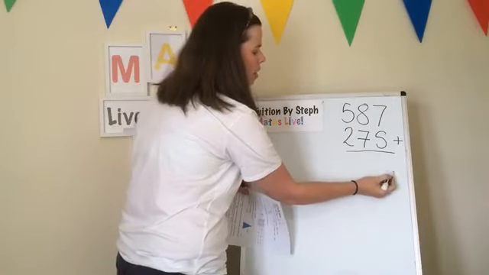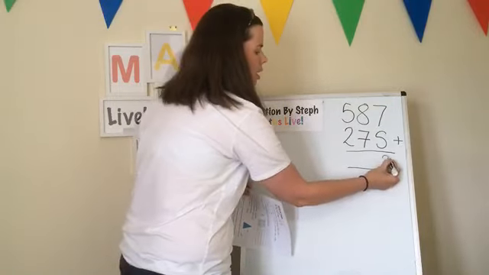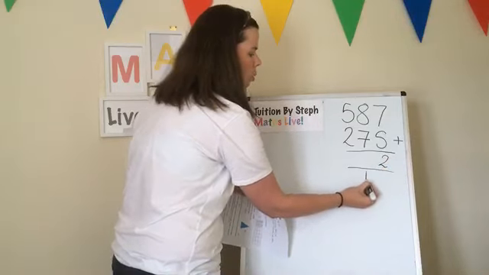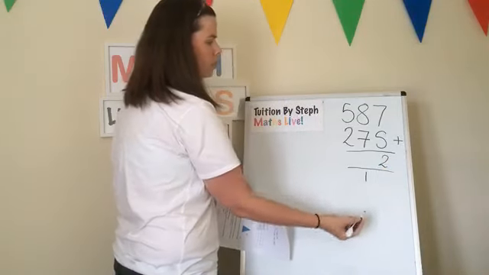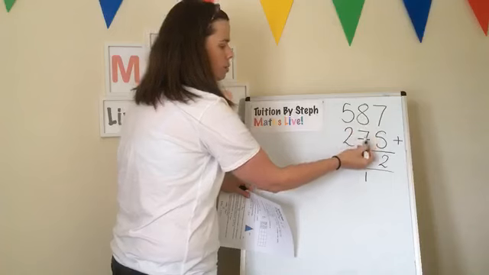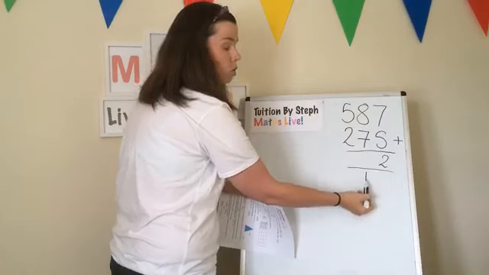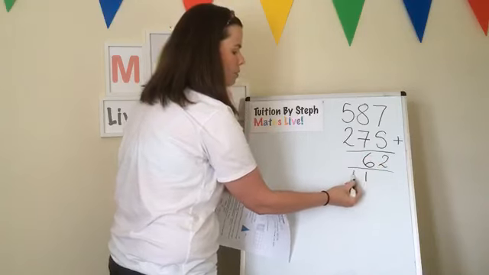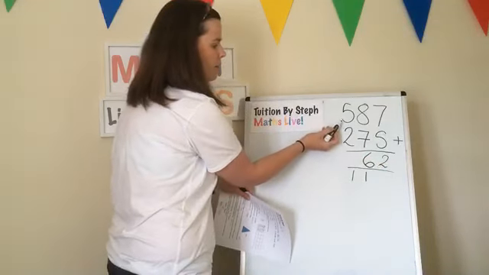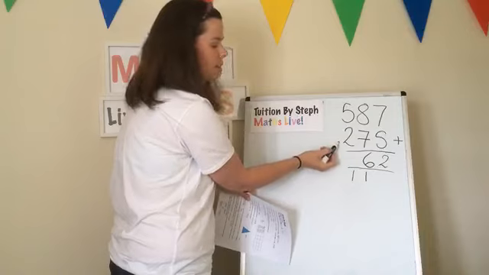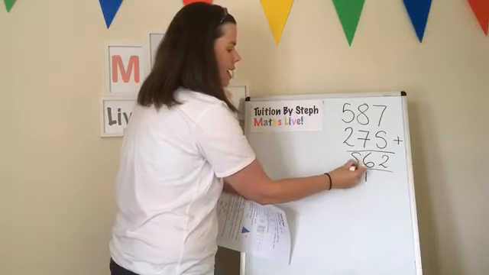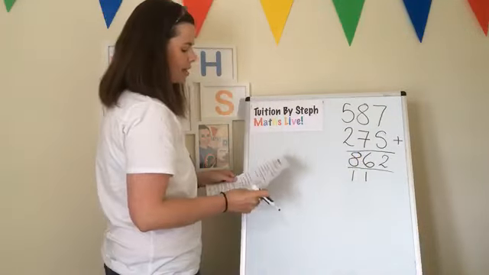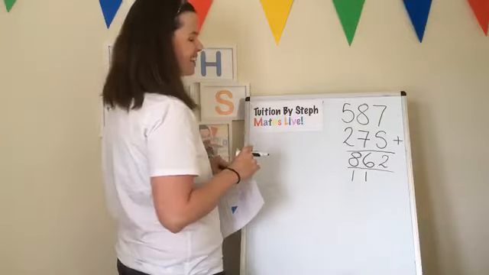So 5 plus 7 is 12. So we put our 1 underneath, carrying the 1. And then 8 plus 7 plus 1 is 16. So we've got our 6, and then carry the 1 that's left. And then 5 plus 2 is 7 plus 1 is 8. So your answer is 862.